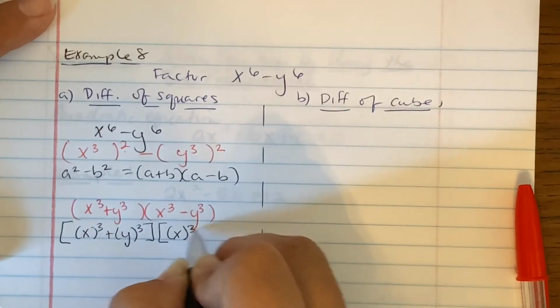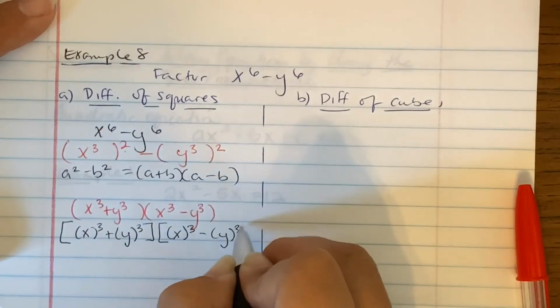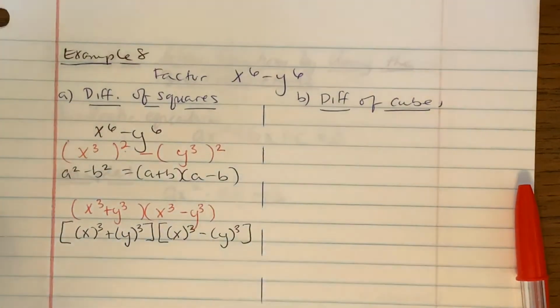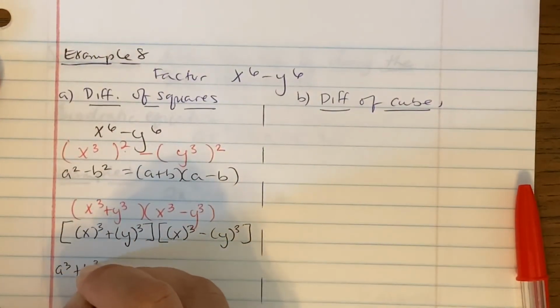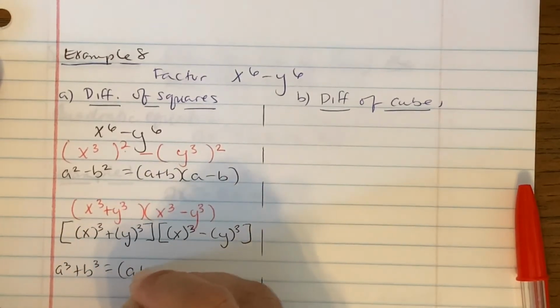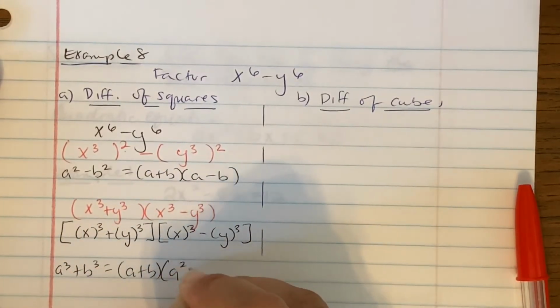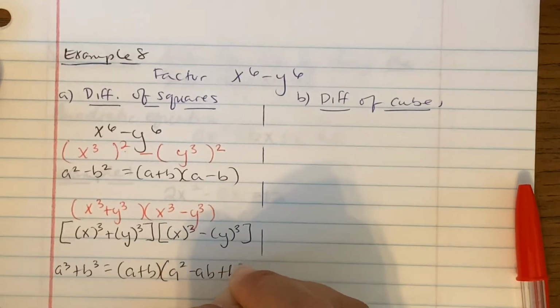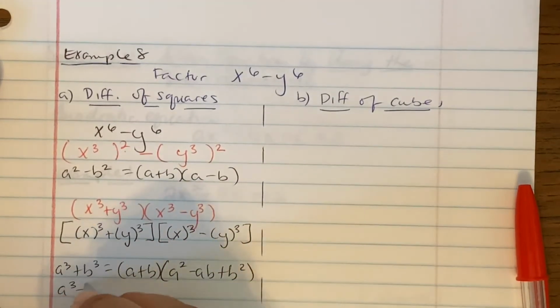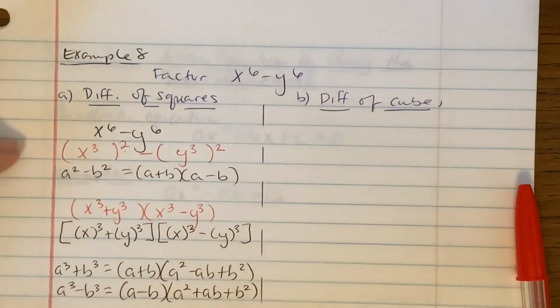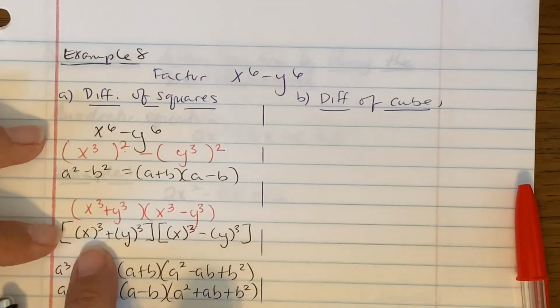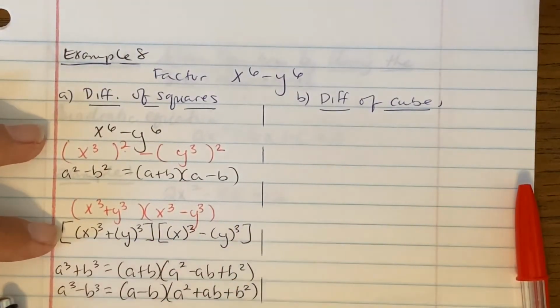Using the patterns from before, remember, if we are a cubed plus b cubed, that is a plus b, a squared minus ab plus b squared. If we're a cubed minus b cubed, that is a minus b, a squared plus ab plus b squared. So I've identified that a and b are both x and y for both of them, regardless.